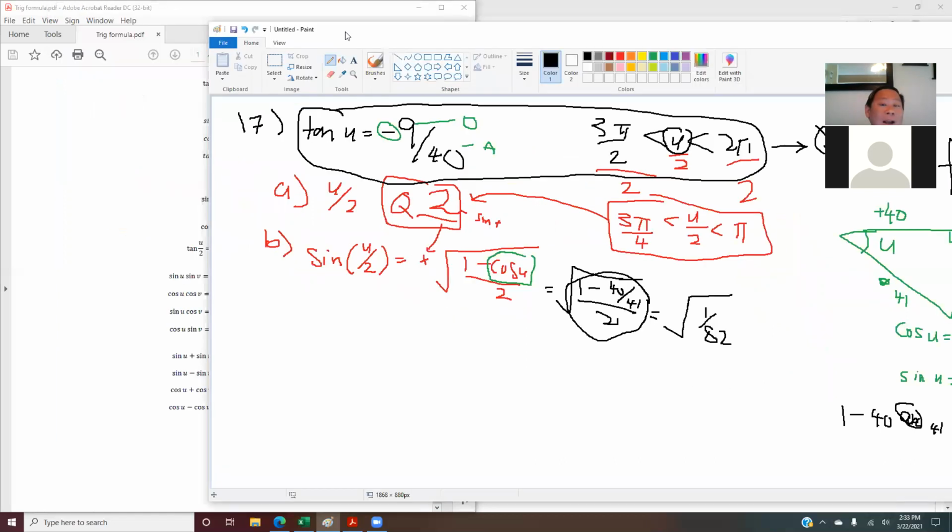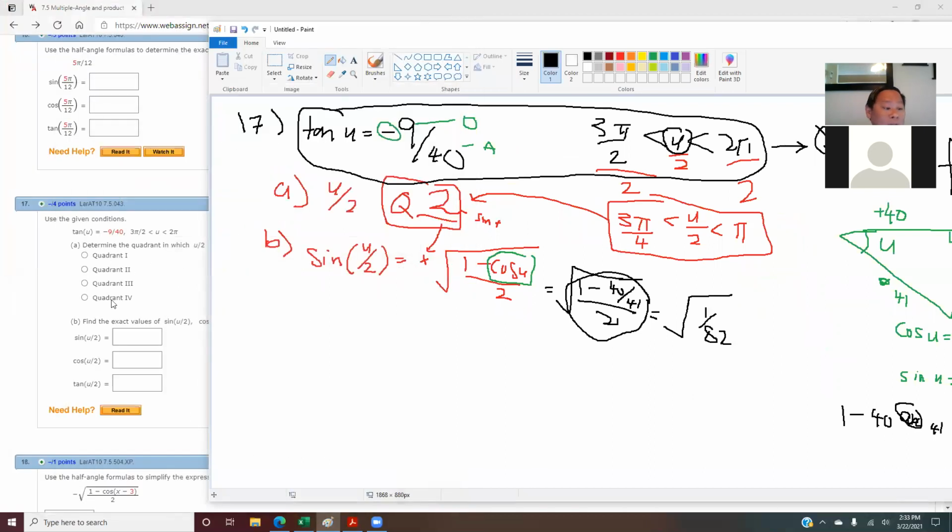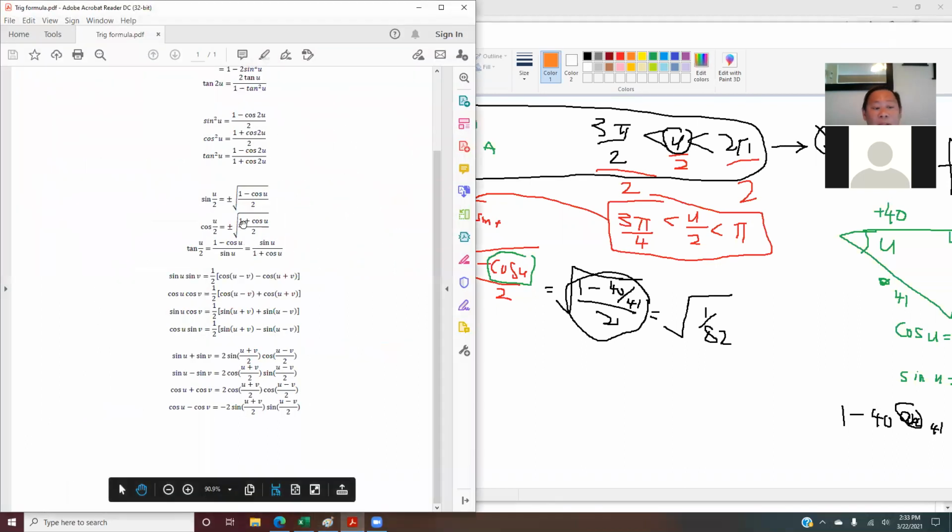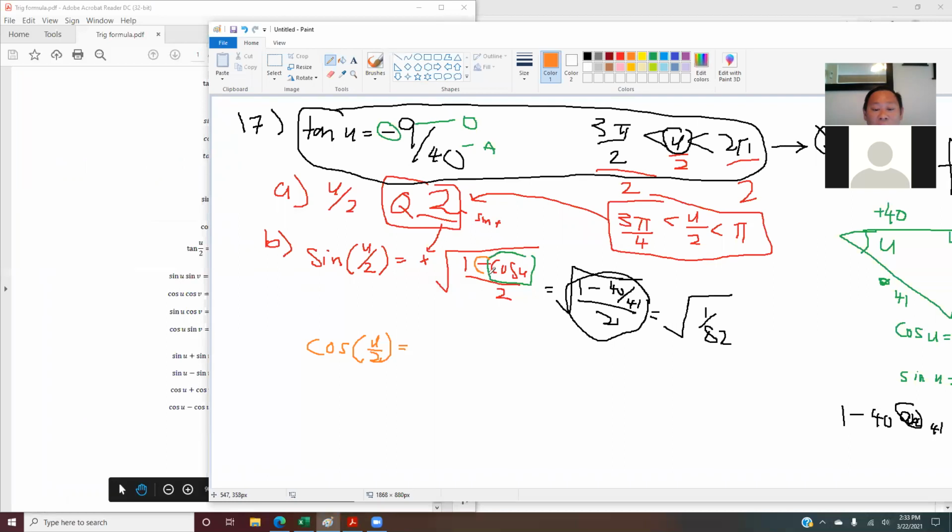Okay, so this is how you find the sine u over 2. Do you still remember how you find the cosine? Remember what I taught you with the formula? The cosine one, you just need to change this to positive, right? Yes, you're correct.